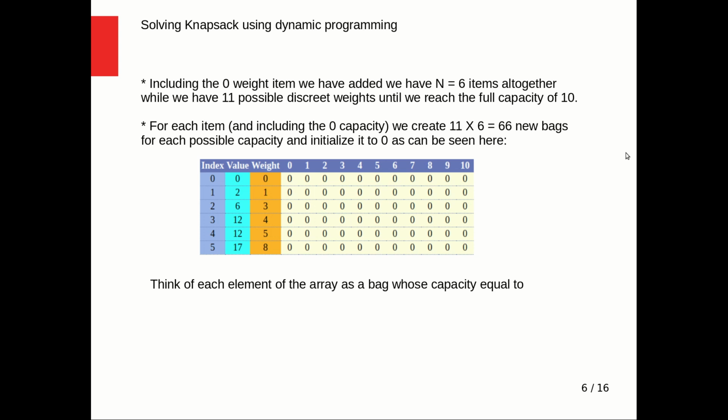So now that we added the 0 weight item, altogether we have 6 items. And if we count the weight of 0 as well, we have 11 possible discrete weights, starting from 0 to 10, including 10, there are 11 values.